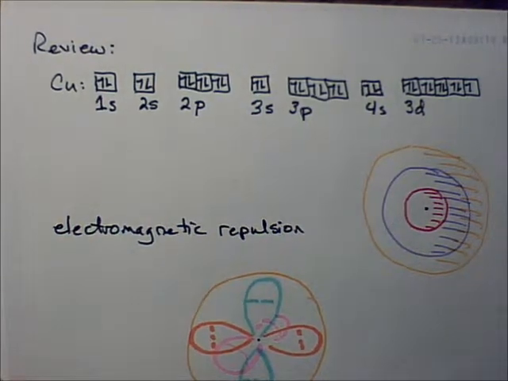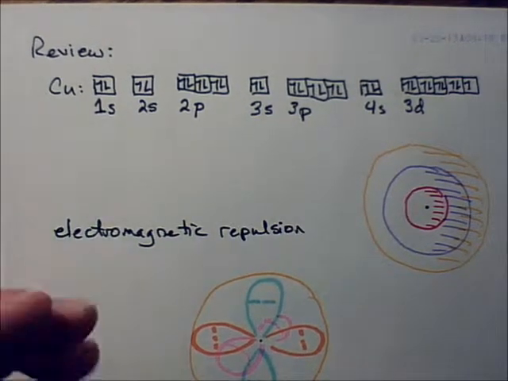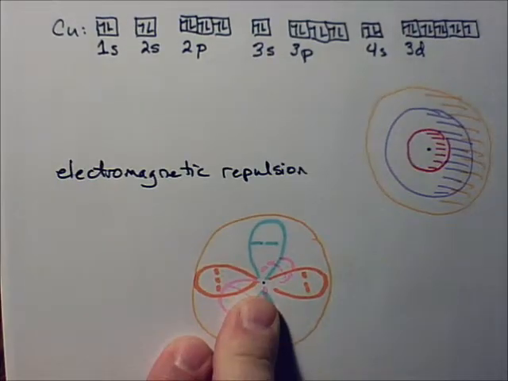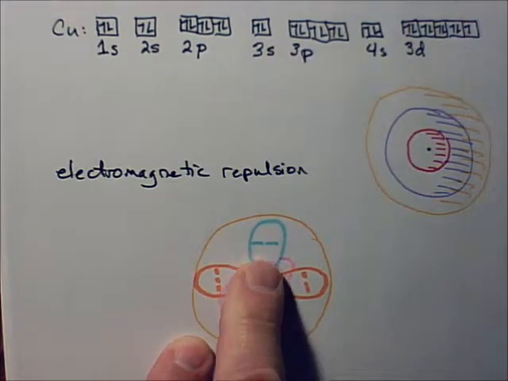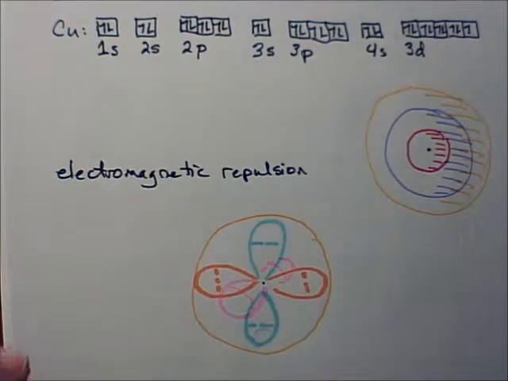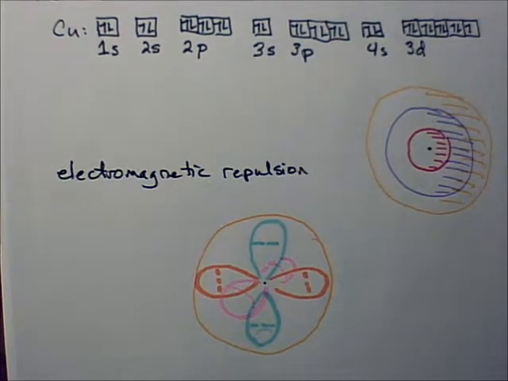They can't actually be in the same physical space. They're pulled in by the nucleus because it has an opposite charge, but they can't actually be in the same physical space. They have to kind of separate themselves a little bit. All right, you with me so far? Nobody's saying anything. Okay, you with me so far?